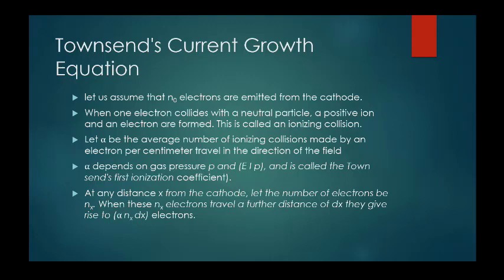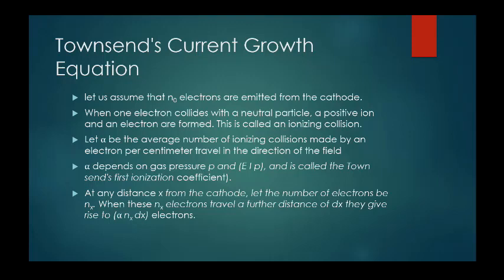At any distance x from the cathode, let the number of electrons be nx. When these nx electrons travel a further distance of dx, they give rise to alpha nx dx electrons. Now why is this alpha nx dx electrons?